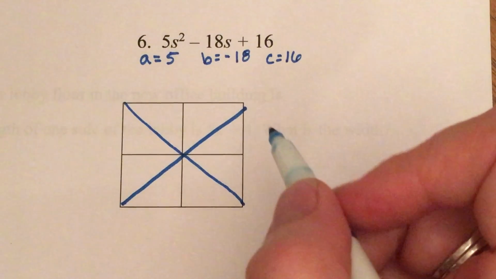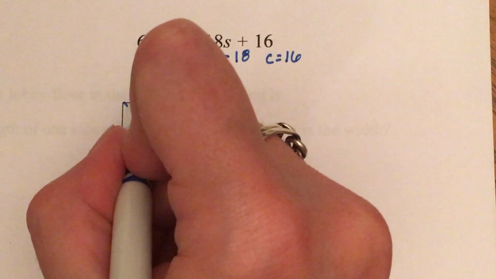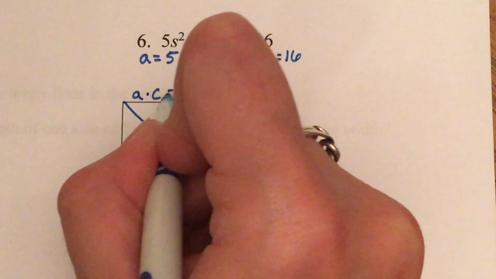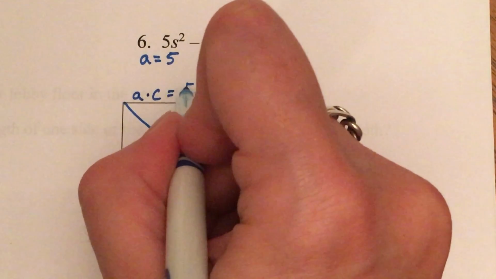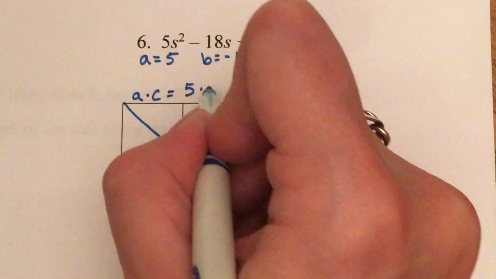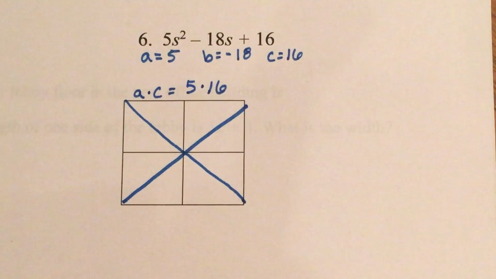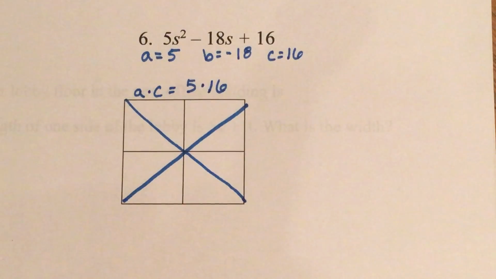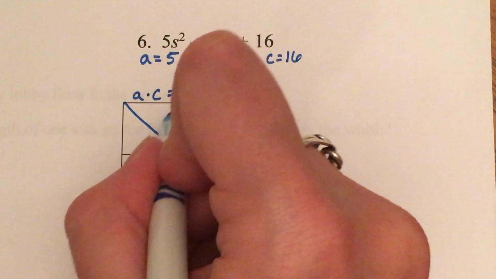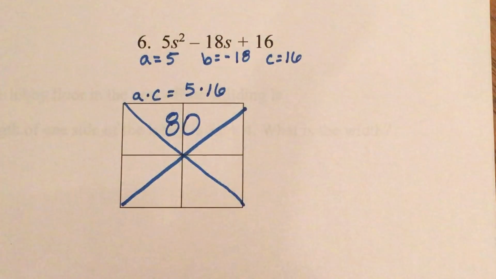What two pieces multiply together? A times C. Excellent. What are those two numbers? 5 times 16. Great. What does that make? 80. Gosh dog, that's huge.